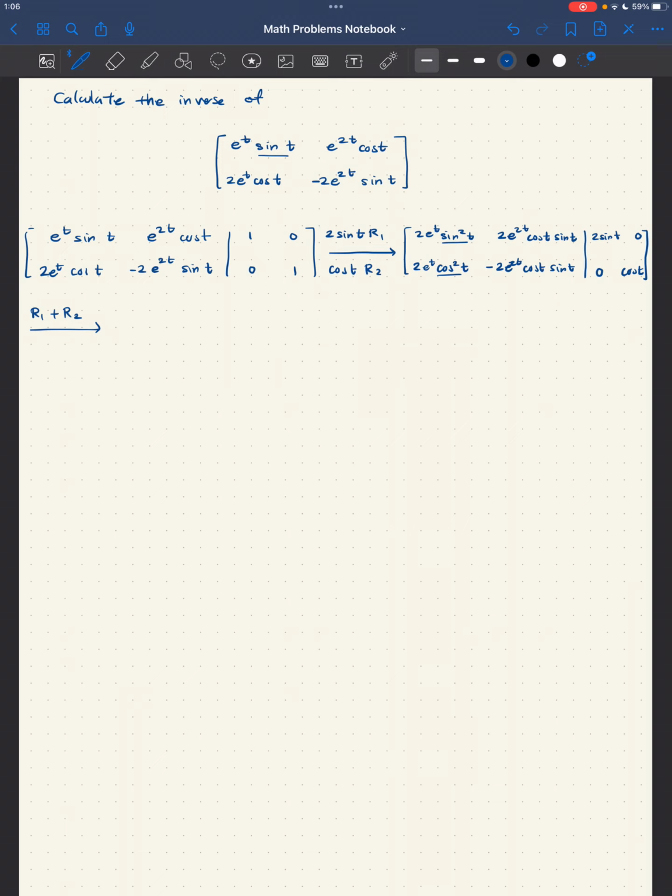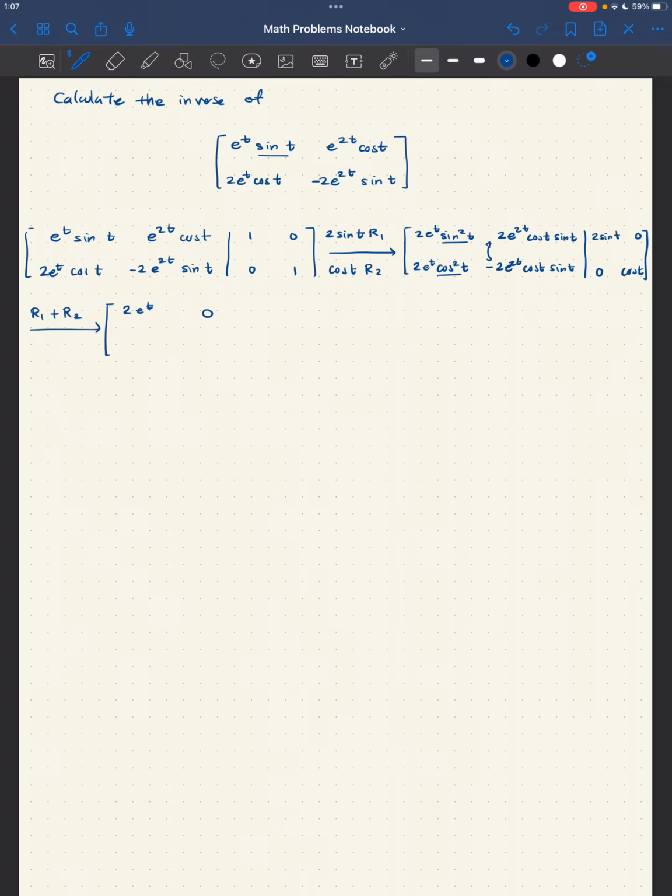So what I get is the following. On the entry at column 1 and row 1, 2e^t. Of course, part of that is that these two cancel when I add them, so I get 0 for that one.